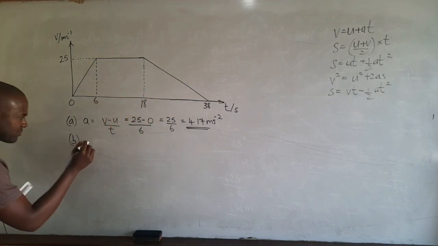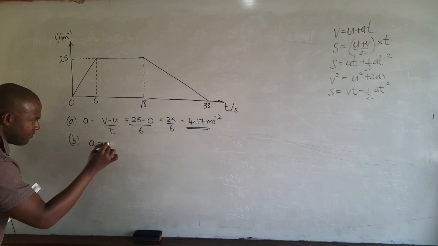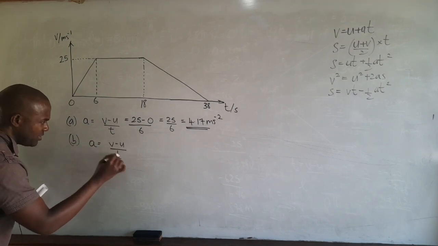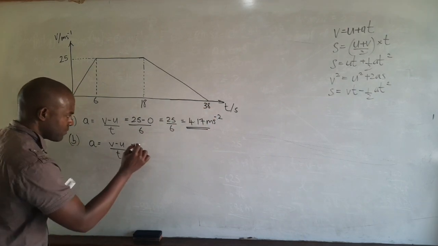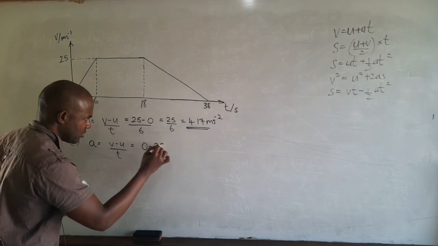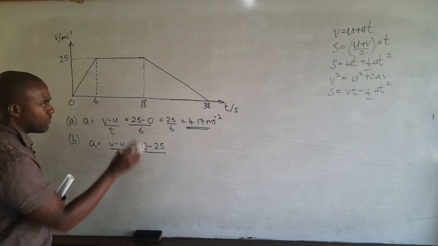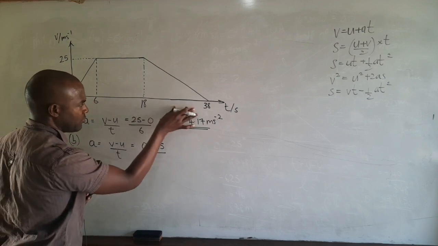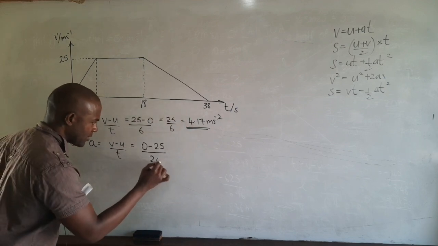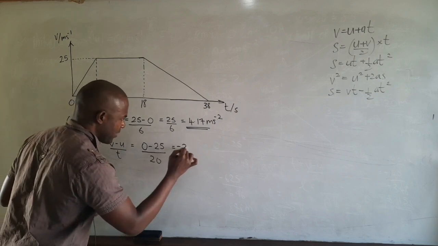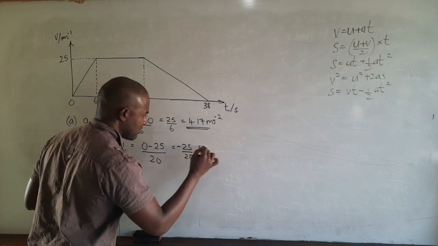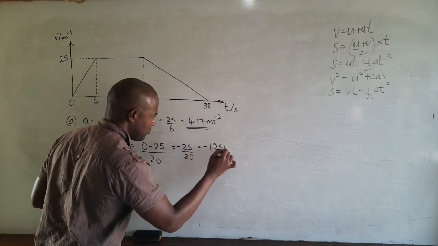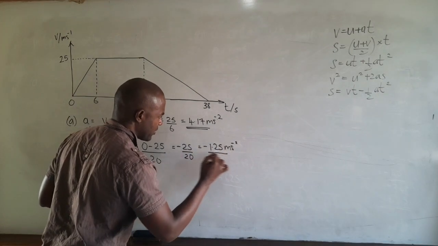So we have a, again, v minus u over t. And so this gives us final velocity 0 minus 25 divided by the time, which is this interval, which is 20 seconds. And so we have minus 25 divided by 20, which gives us minus 1.25 meters per second squared.